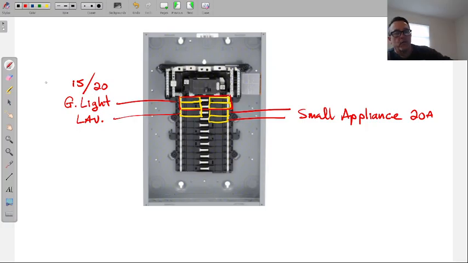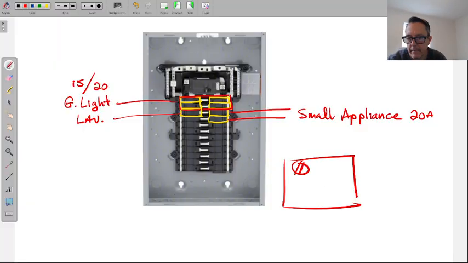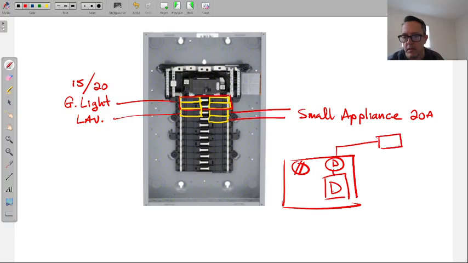Now, the laundry circuit is another situation in which you have this room, you put an outlet in here, and then you're going to put the dryer outlet. I'm just going to put a D on. This is where the dryer is going to go. Dryer is a completely different unit, very large 30 amp unit, special outlet, gets its own direct breaker. So this is going to be an individual appliance, which we'll deal with later. I'm talking about the regular little outlet that's in there.